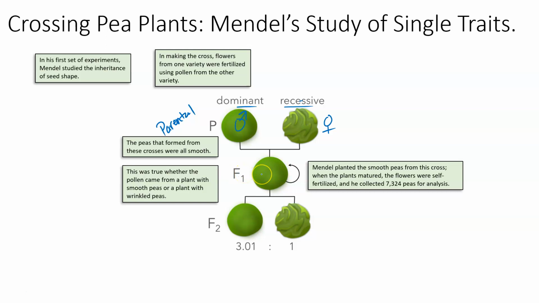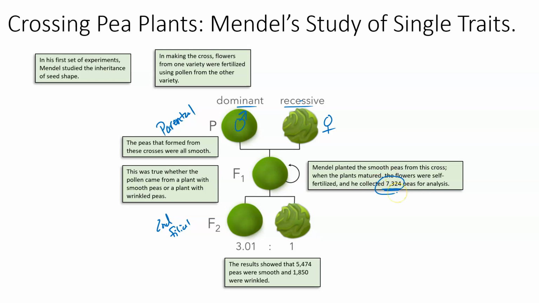So he took an F1 male, crossed it with an F1 female, and he found that out of 7,324 peas that were produced as F2 offspring, which by the way stands for second filial, just like F1 was first filial, he got roughly a 3-to-1 offspring ratio in the F2.